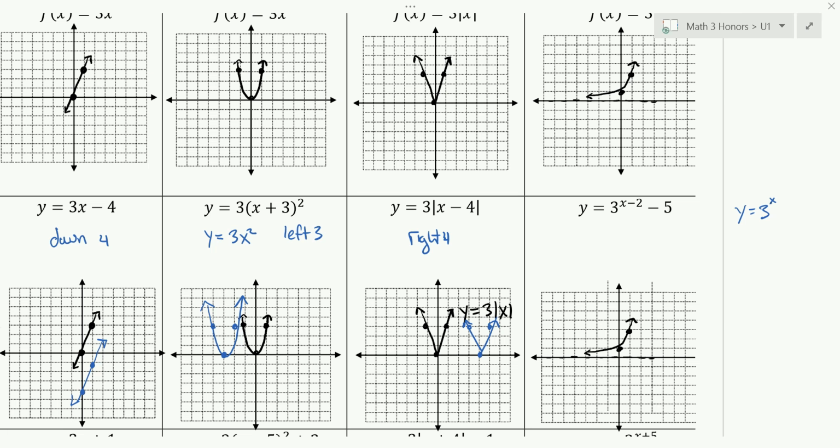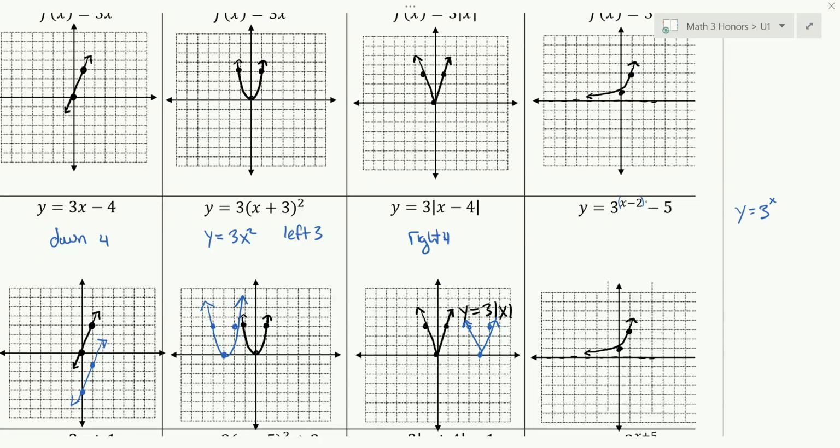Now that minus 2 is part of the exponent, and if it helps you, you can always put that exponent in parentheses, because it's implied. We don't usually write the parentheses, but it's implied. And it may help you remember, okay, this 2 is going to move me left or right, and that 5, tagged on at the end, is going to move me up or down. So I have to do two things.